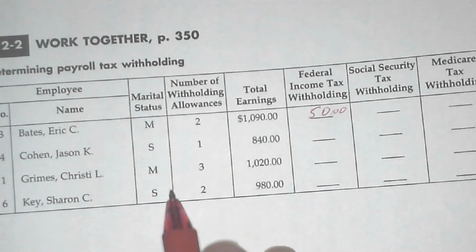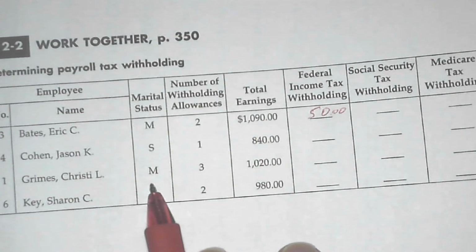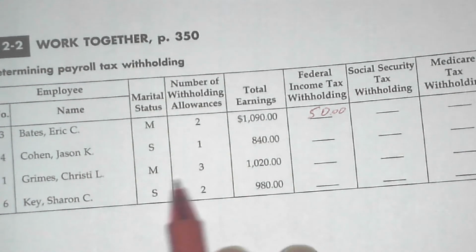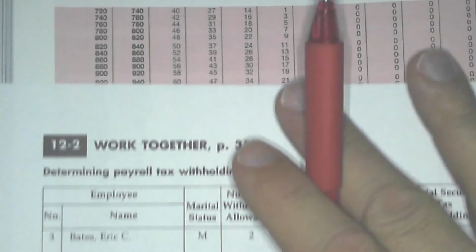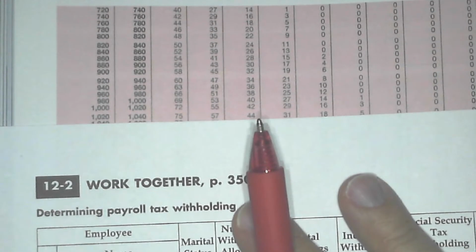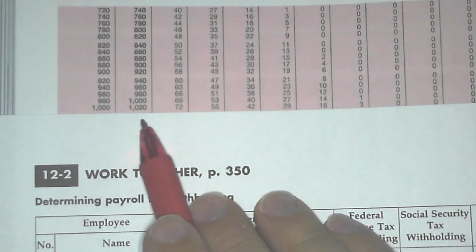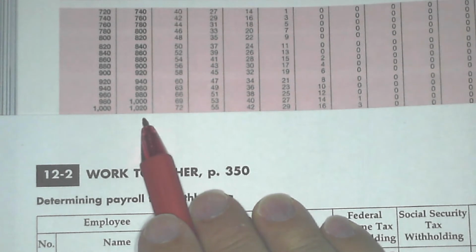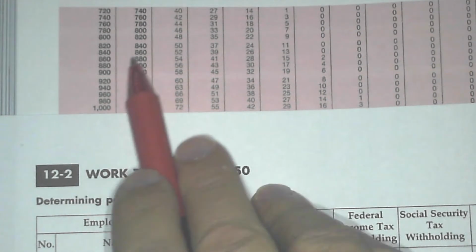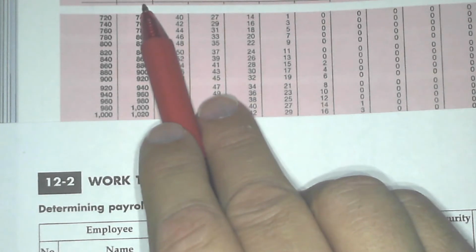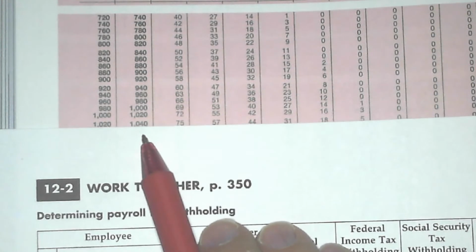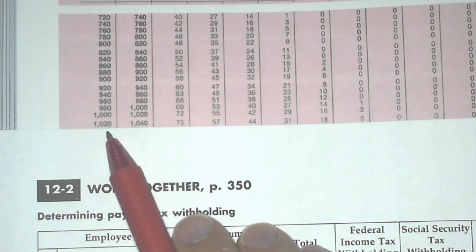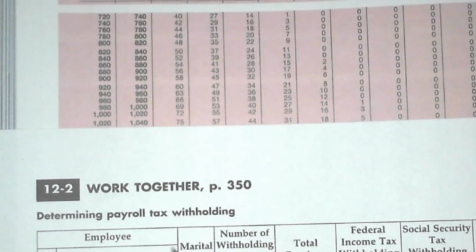And then since we're already on the married page, I'm going to go ahead and skip down to the next one. Married, made 1,020. Okay, so here's that one where 1,000. The first time you see 1,020, but it's in the right column. But remember, if you look at the top, it says but less than. So he didn't make less than 1,020, he made exactly 1,020. So you're going to go down one more to the at least 1,020.